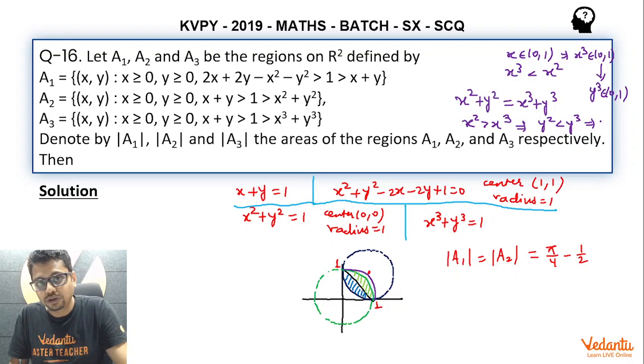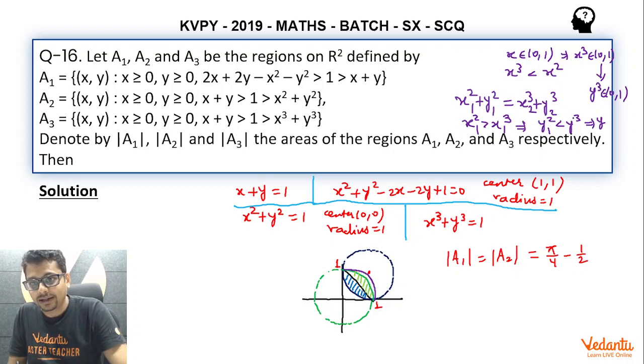And that also means, given that y is positive, let's say x1 square equal to y1 square, x2 cube equal to y2 cube. So here x1 square is greater than x1 cube. So for a given x, which we are calling x1, y1 square is supposed to be less than y2 cube.